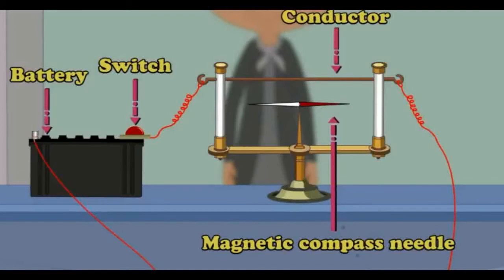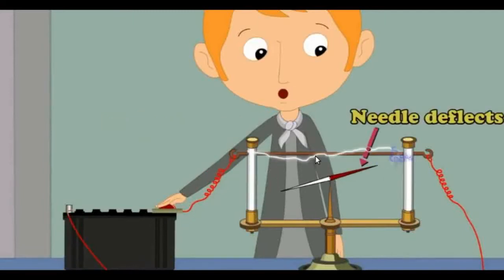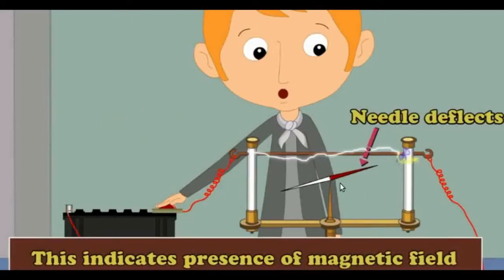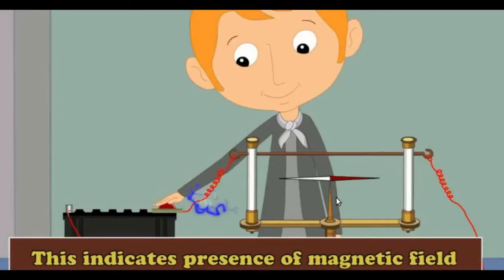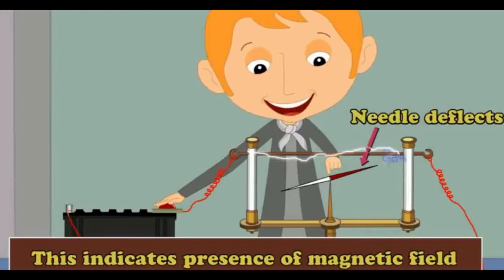The circuit is complete this way, and when we press the switch, the electric current will pass through this conductor, and you can see there is a deflection of the magnetic compass needle. This indicates that there is a magnetic field present, because a magnetic needle can be influenced by another magnetic field or by a material which is showing some kind of magnetism.